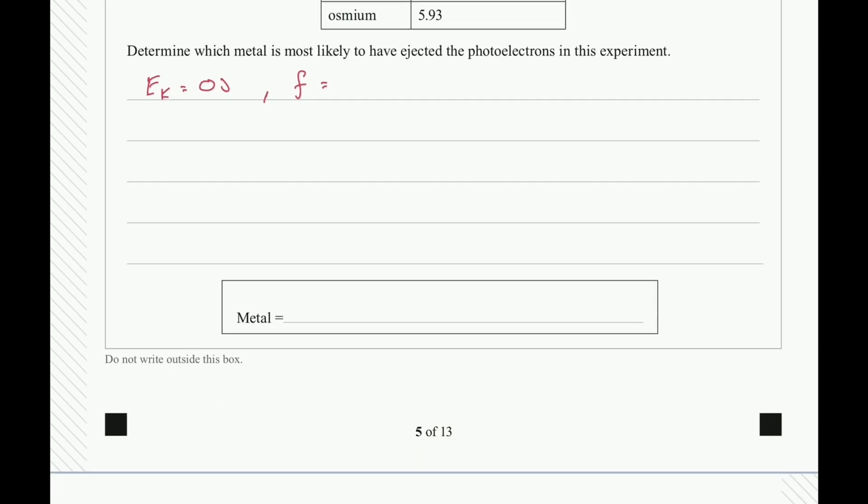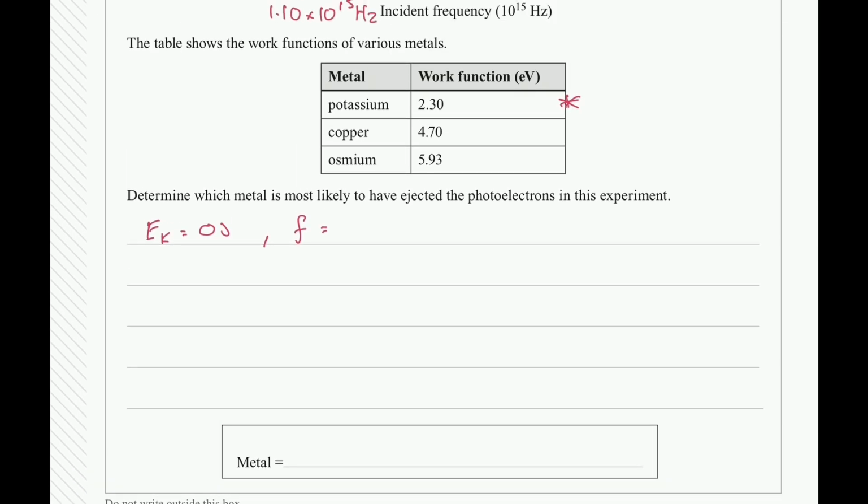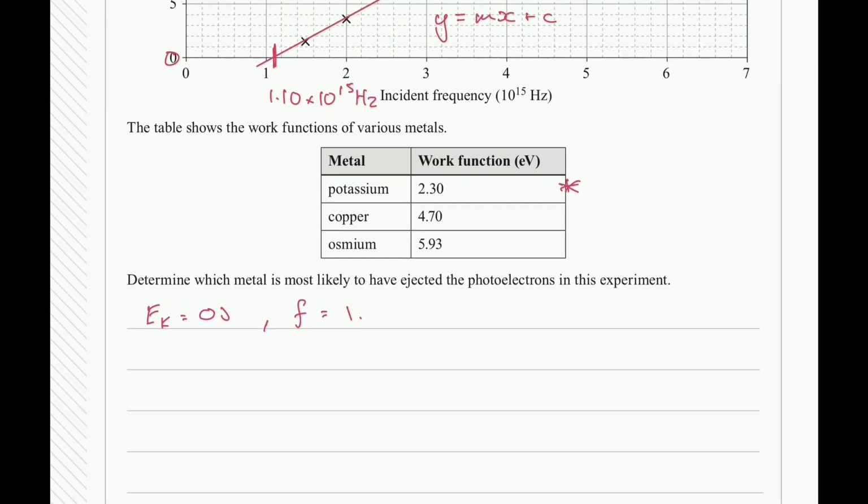If we scroll down, we are just looking for a statement of which metal we're working with. So let's continue our working. The frequency is 1.1 times 10 to the 15 hertz. Let's write out our formula: EK is equal to HF, Planck's constant times frequency, minus the work function.